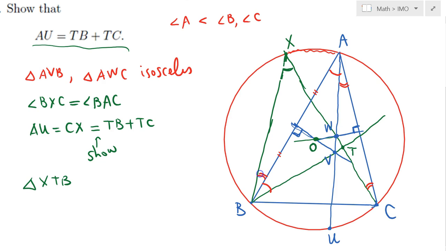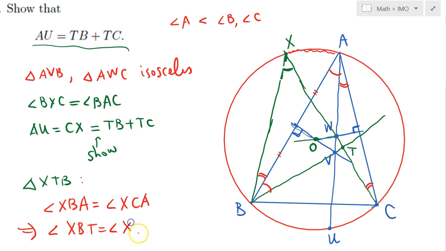So these two angles are the same. So angle XBA is equal to angle XCA, but then that would imply that angle XBT is equal to angle XBA plus angle ABT, sorry for that, ABT.